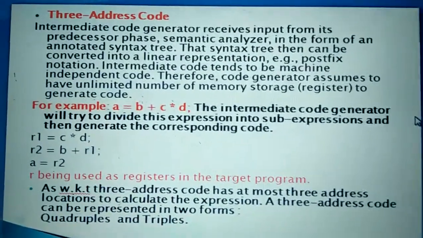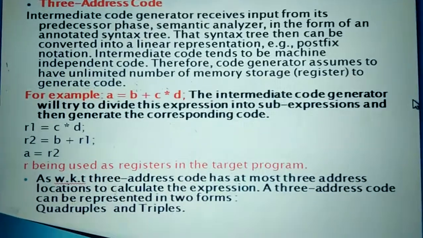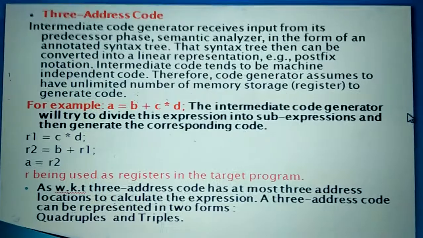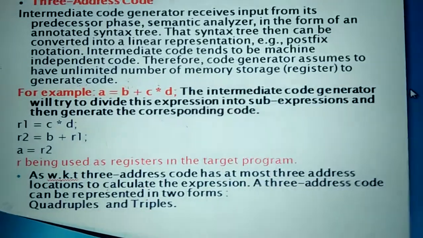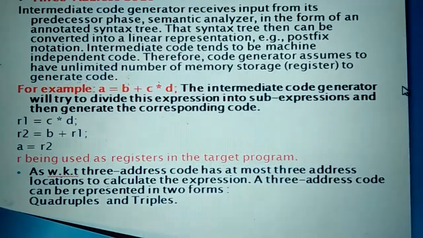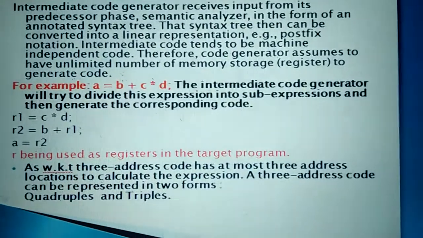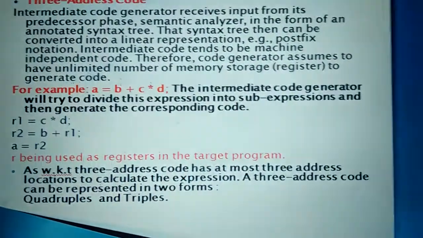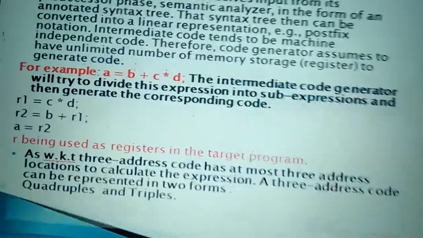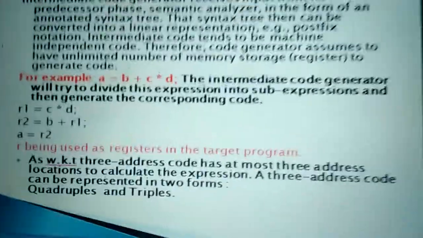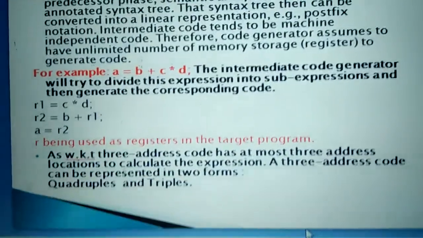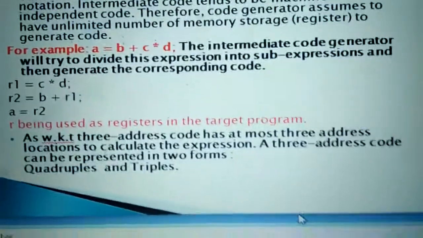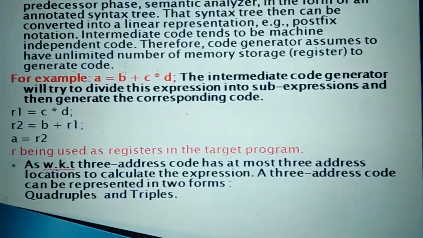We have covered a detailed discussion on intermediate code generation using the 3 address code, and we have seen many examples on the intermediate code. This is another example of how the intermediate code makes further subdivisions into sub expressions, and then we go for the generation of the target code.